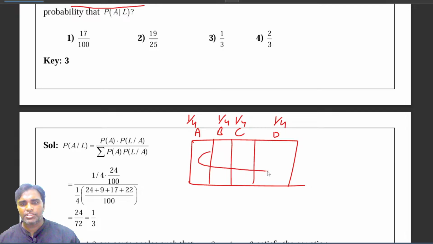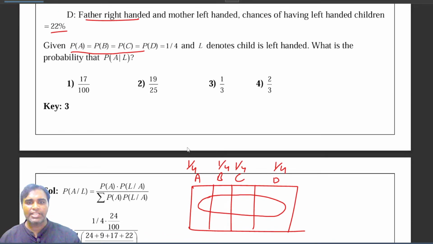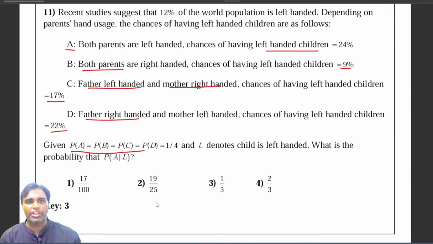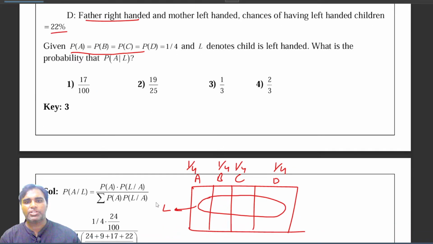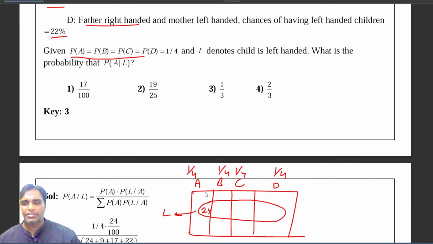Now this is a common event in them. Let's suppose the common event is L. So in A, what is the portion of L? 24%. So I will write 24. Percentage we will consider later. Now 9%, 17% and 22%. Right?